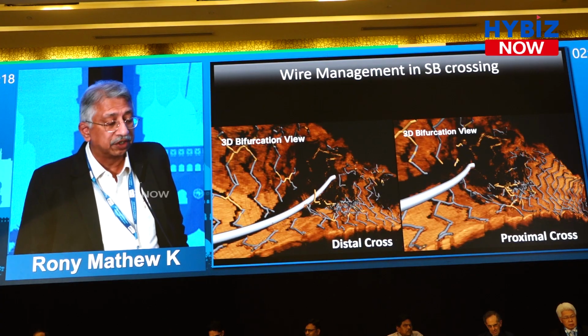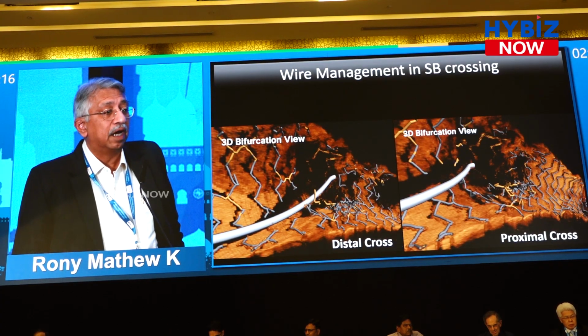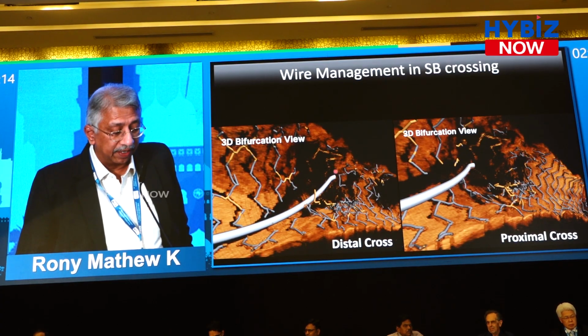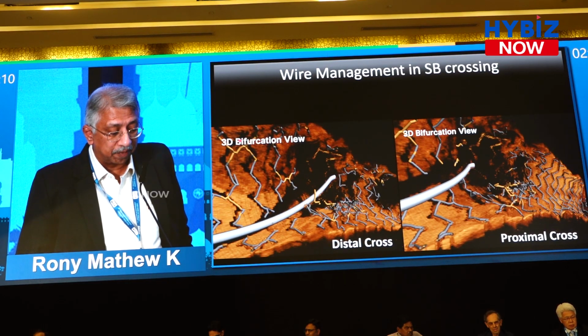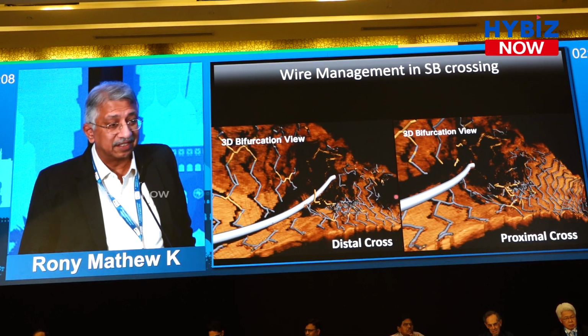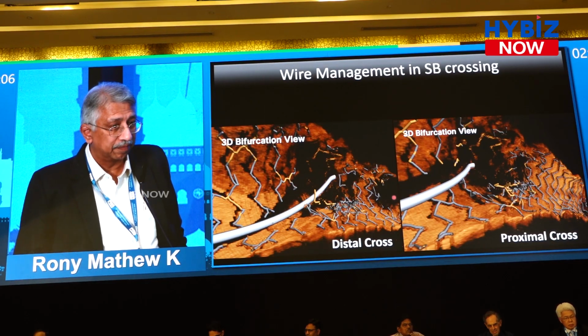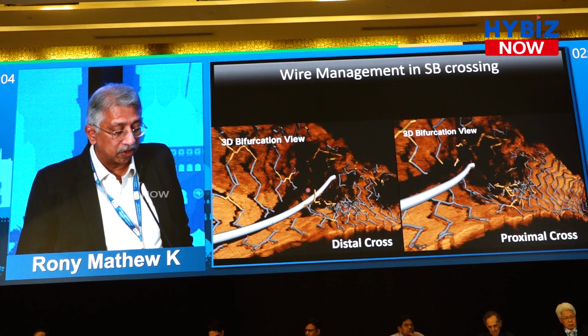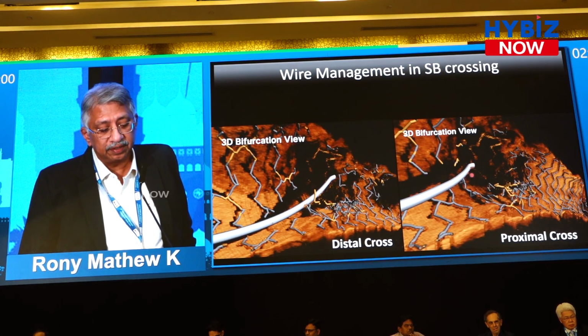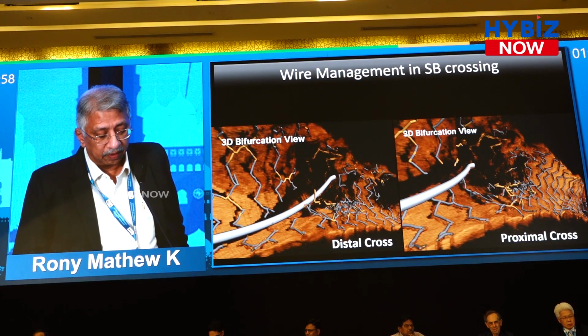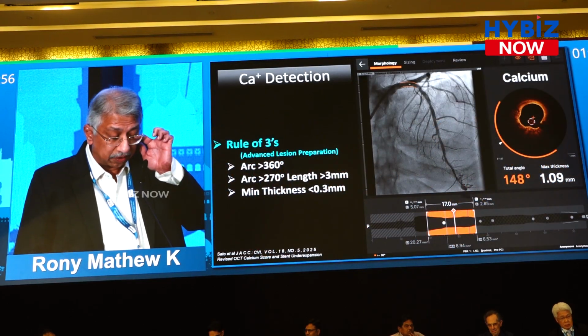The side branch crossing that Ankush told you about, very clearly, distal here. In this new platform, this is proximal, this is distal. And that's different from the previous platforms. So, this is the proximal strut, now you know you're crossed distally. Here you can see you're crossed proximal. So, that's the advantage in side branch crossing.